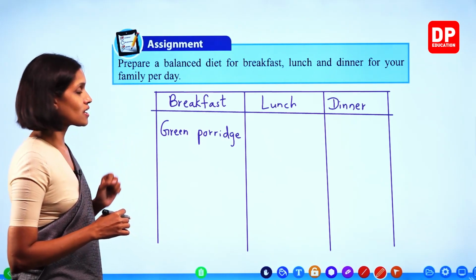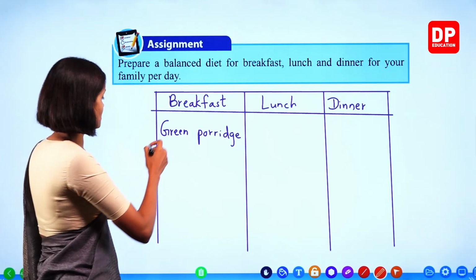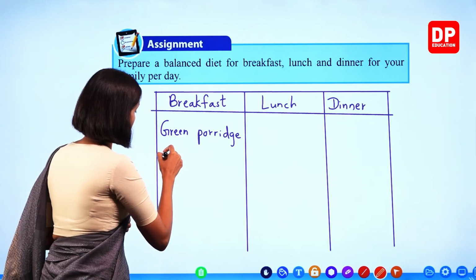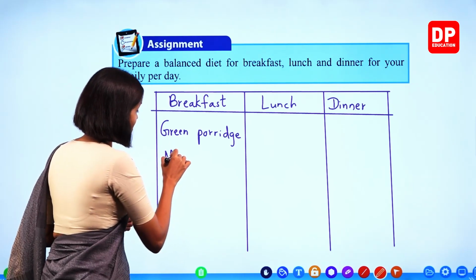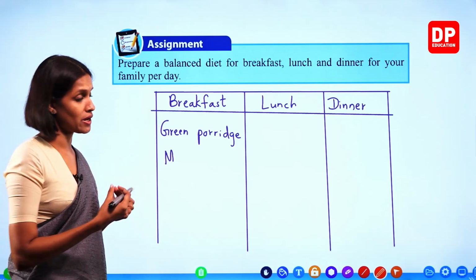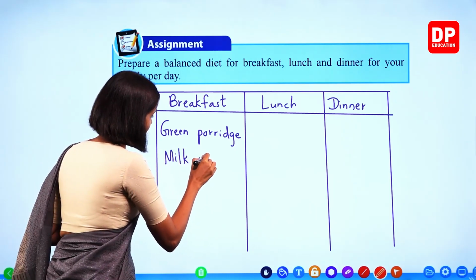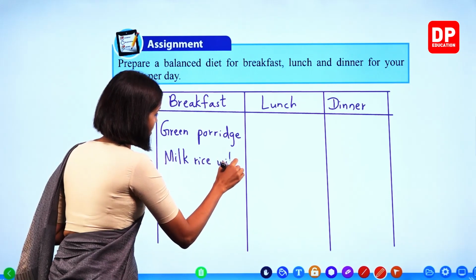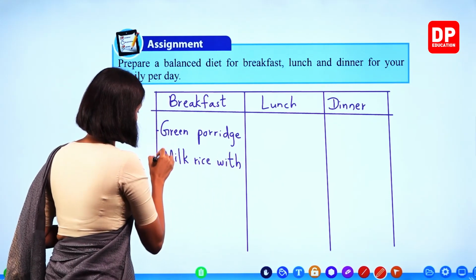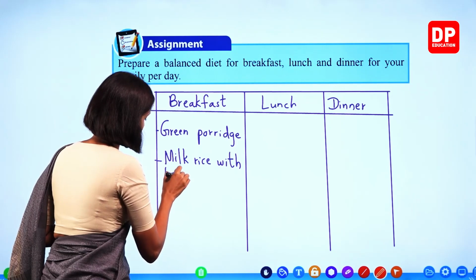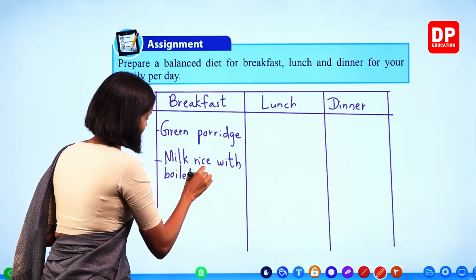Okay. As the carbohydrate source, we can take milk rice with green gram, so mung kiribath. Okay. Milk rice with boiled green gram.